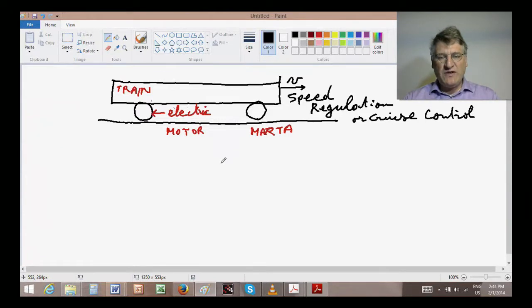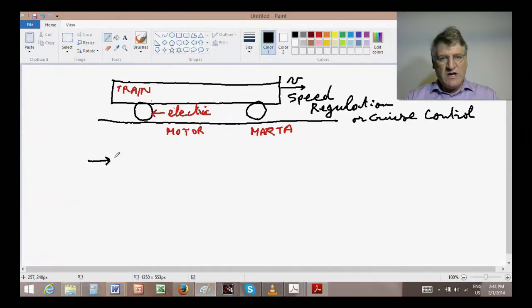So for that purpose, I will give you a circuit together with the mechanical system that does the right job. The circuit in principle looks like this.